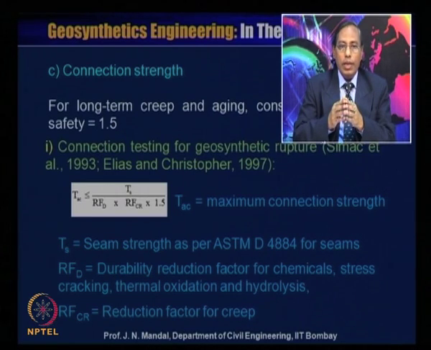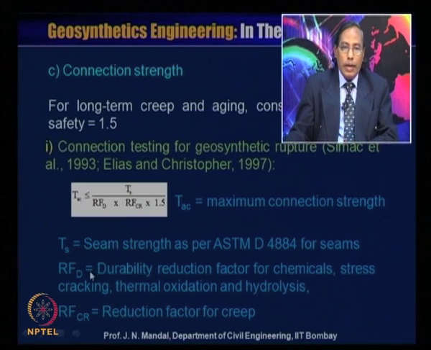This is divided by these reduction factors: RFD, the durability reduction factor for chemical stress cracking, thermal oxidation and hydrolysis, and RFCR, the reduction factor for creep, for which we consider 1.5 as the long-term creep factor of safety.